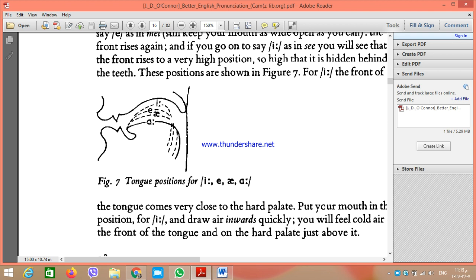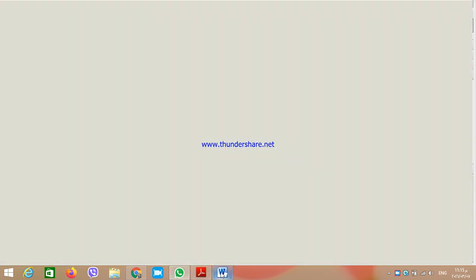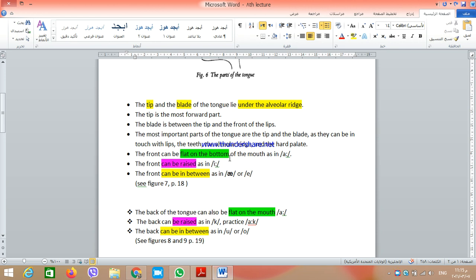This is the case when the tongue is flat, and this is the case when the tongue is raised, and these are in between. So we have three basic positions for the tongue, either to be flat as in ah, or to be raised as in e, or to take positions in between.